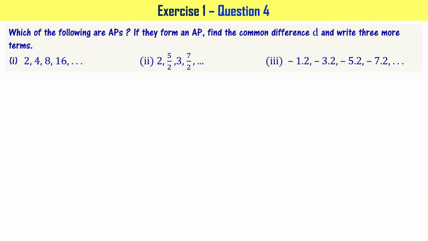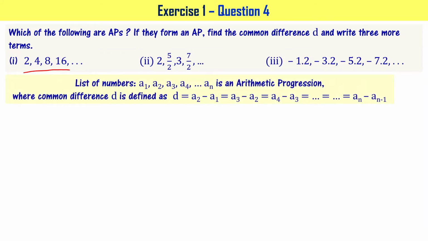The list given is 2, 4, 8 and 16. We know that a list of numbers A1, A2, A3, A4 and so on is an arithmetic progression where the common difference D is defined as D equal to A2 minus A1, that is equal to A3 minus A2, that is equal to A4 minus A3 and so on.